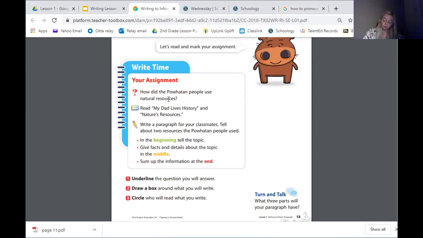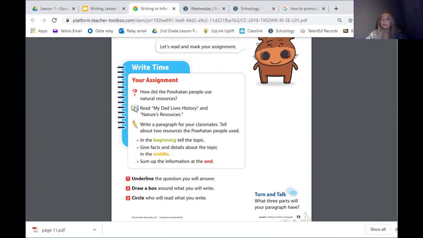My next question for you is, what will you use to learn about the resources that the Powhatan used? Now, if you remember when we were thinking about Jaden's assignment, we looked at this book symbol to tell us what resources to use.